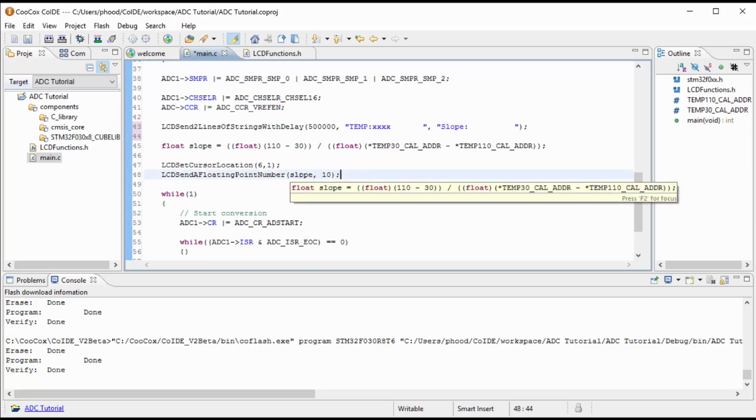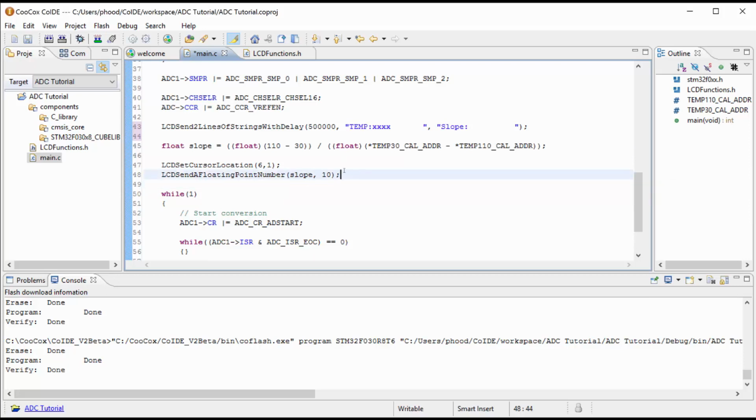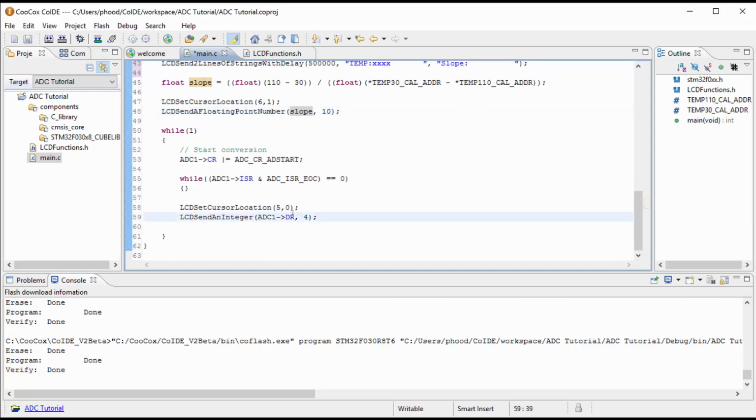Because all we're going to be doing is taking our slope and we're going to multiply the difference. So we have our slope here. We can use it over here at least. We'll call it temperature.